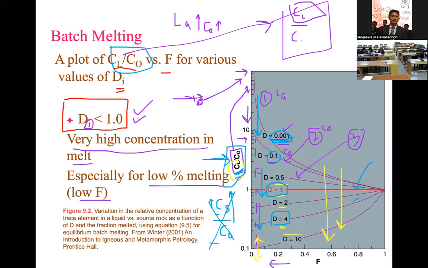The take-home point from this is that at low degree of melting, or low percentage of melting, you have high concentrations of incompatible elements. That means the elements which have D less than 1, right? Less than 1 value. That means incompatible elements.